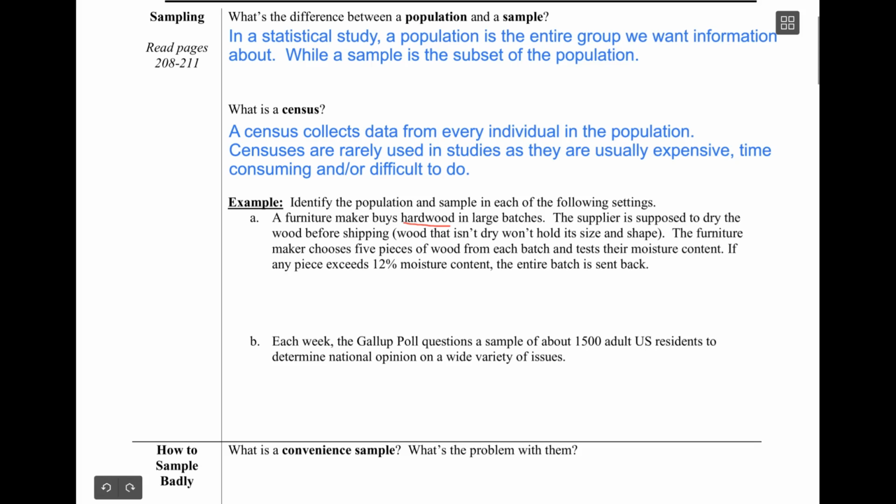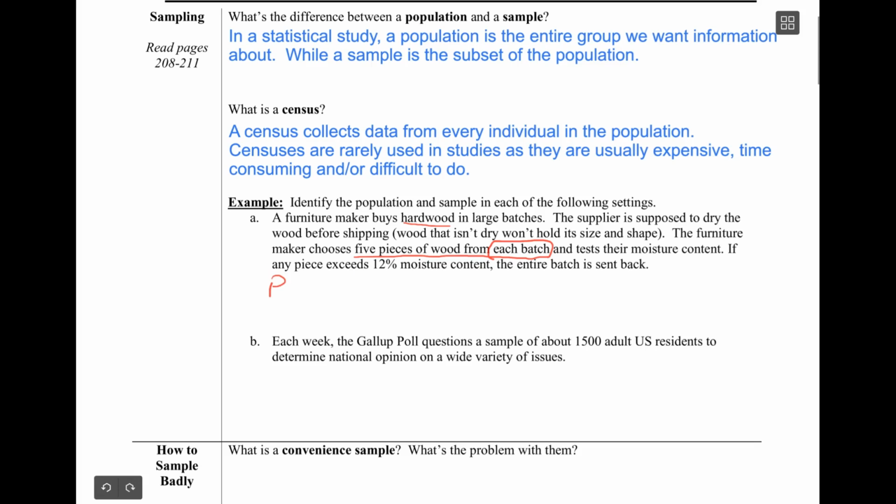So the sample is the 5 pieces of wood from each batch. The population is a single batch.